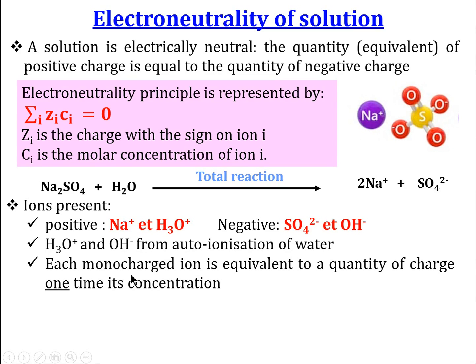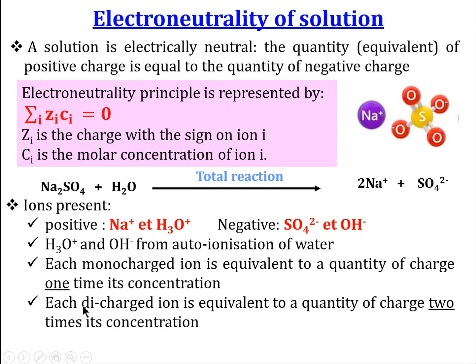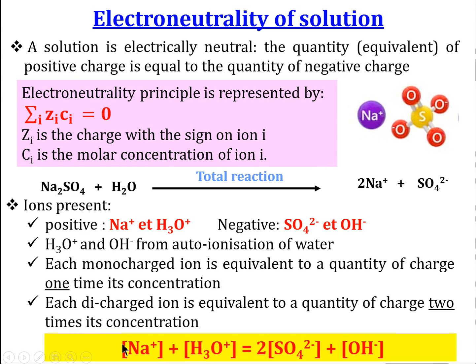As we said, each monocharged ion is equivalent to a quantity of charge 1 times its concentration, and each dicharged ion is equivalent to a quantity of charge 2 times its concentration. So if we apply the principle of electroneutrality on the solution of Na2SO4 in water, we will obtain this equation.